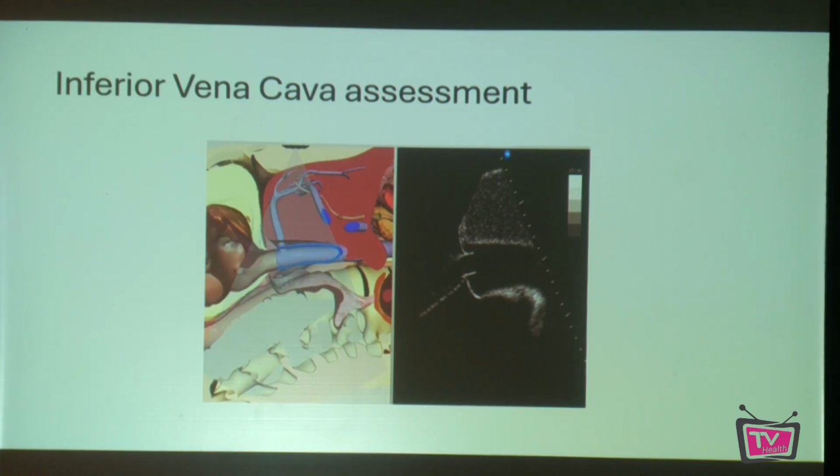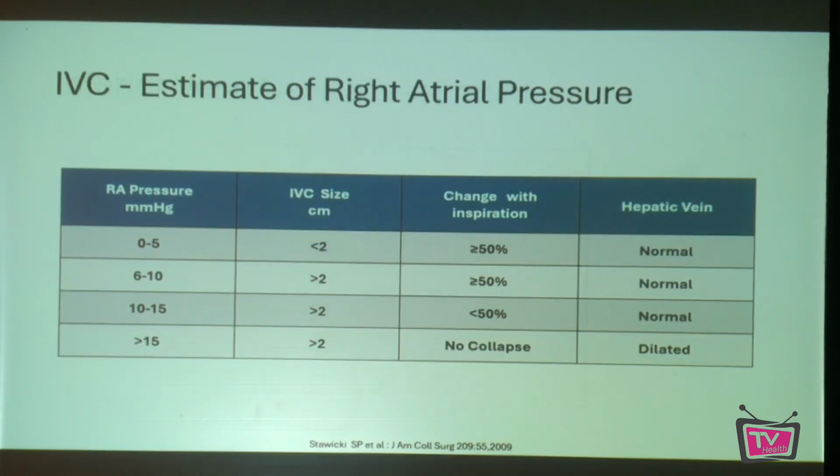The third aspect in the FALLS protocol is looking at the inferior vena cava. Its size correlates well with the right atrial pressure, especially in non-intubated patients.